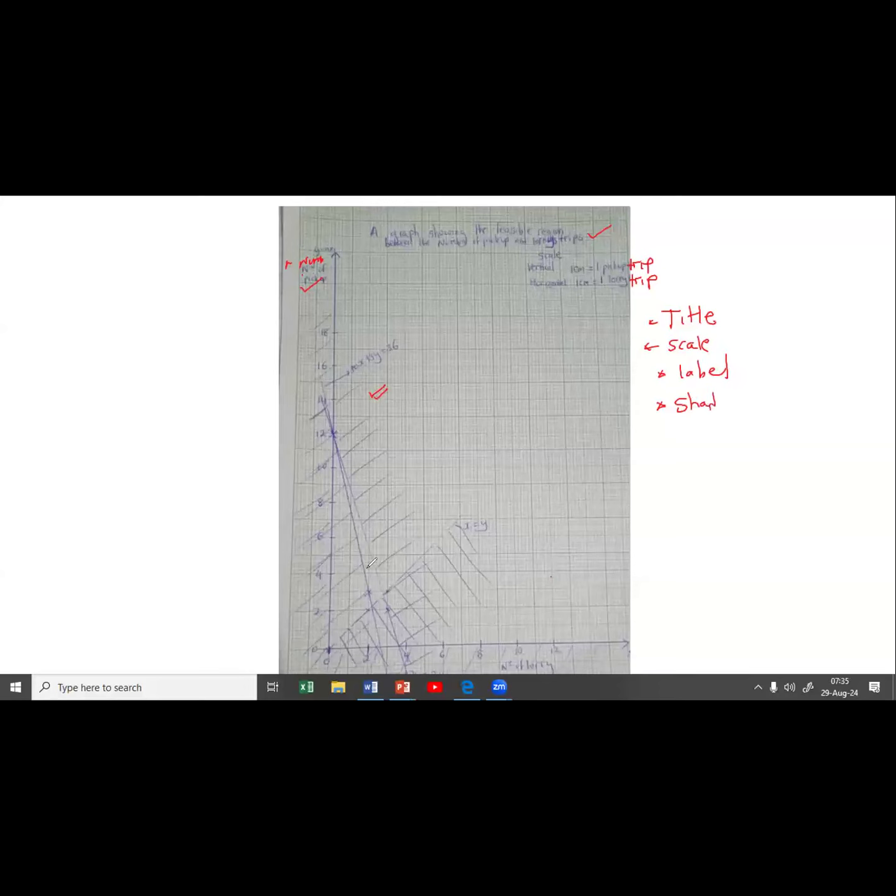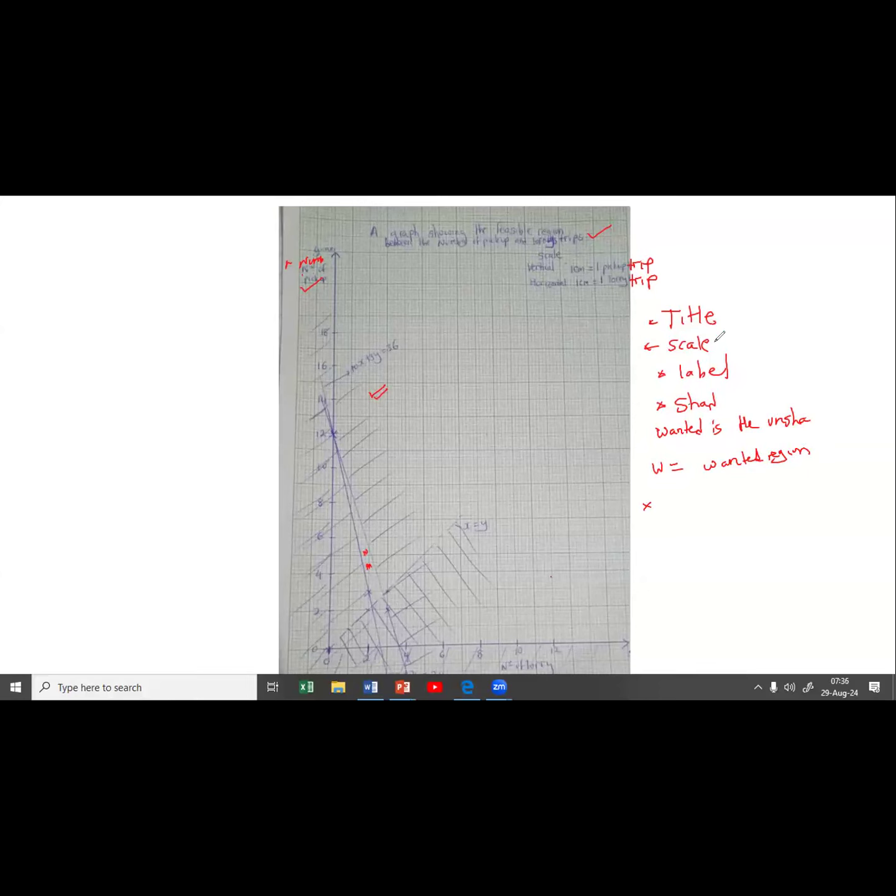And you can also put somewhere in your work that the wanted region is the unshaded part. Or you can put a letter, let me say W, and say W represents the wanted region.